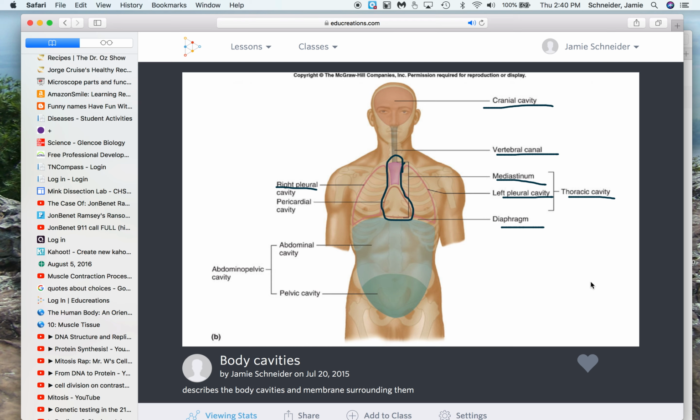The heart itself is within another cavity called the pericardial cavity, and it surrounds specifically just the heart. Now, below the diaphragm, you have the abdominopelvic cavity, and it's divided into the abdominal cavity and the pelvic cavity.